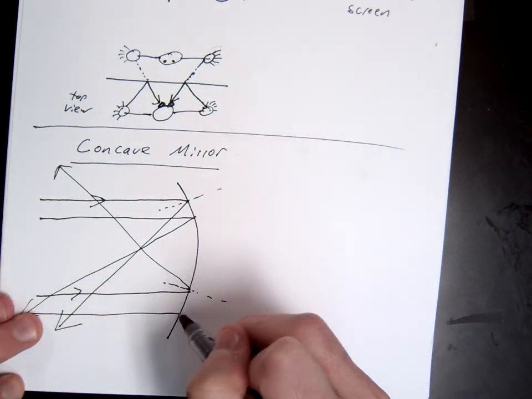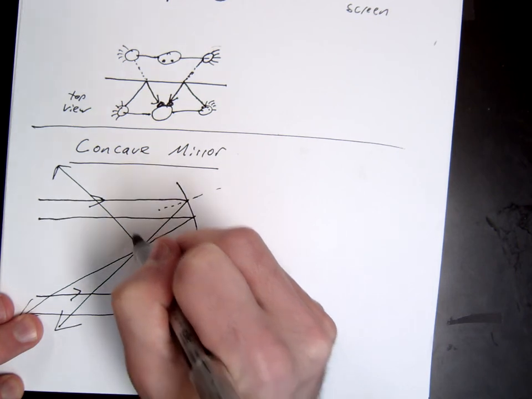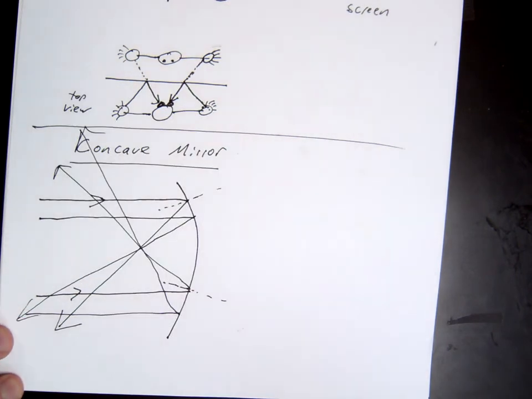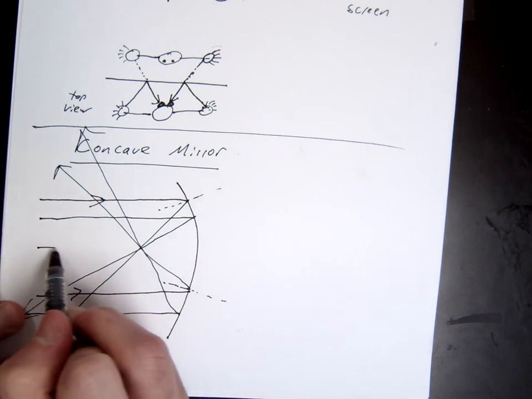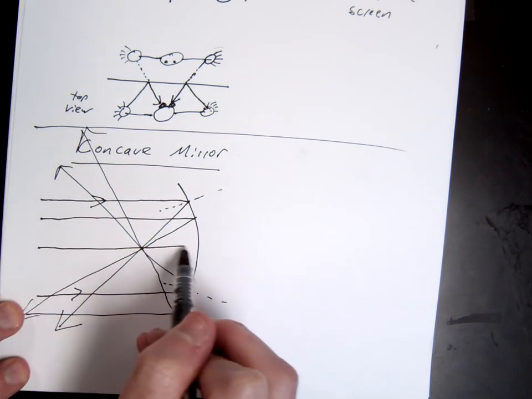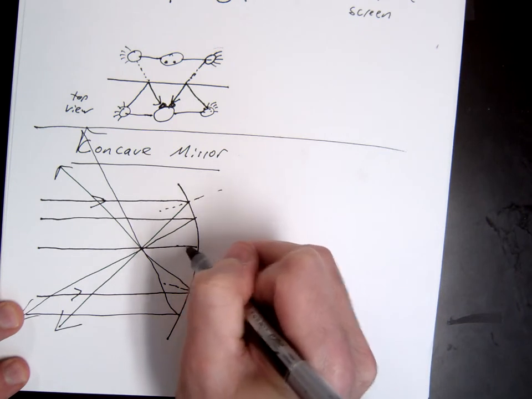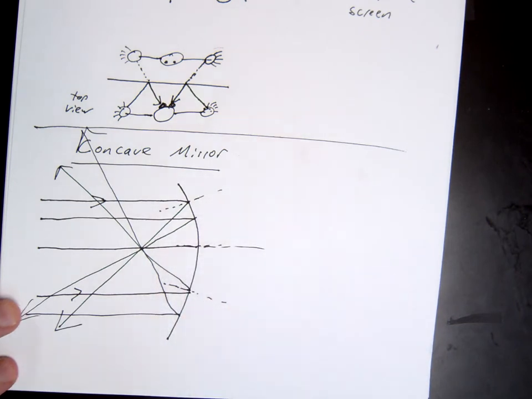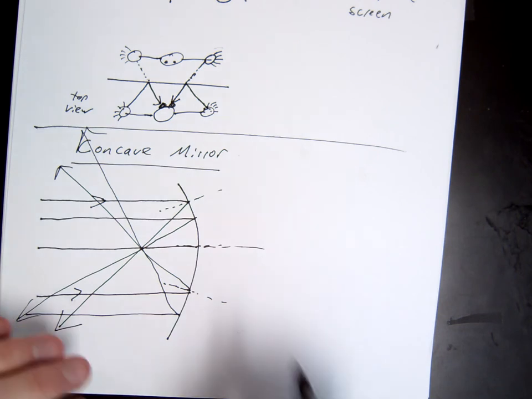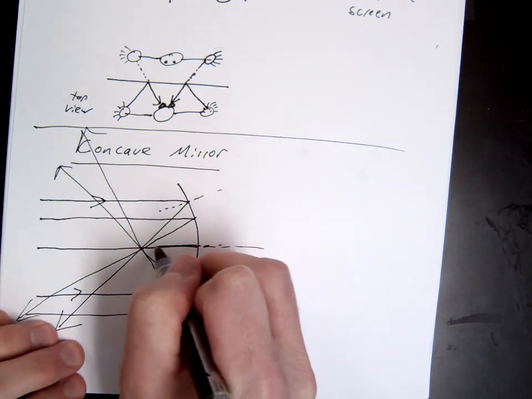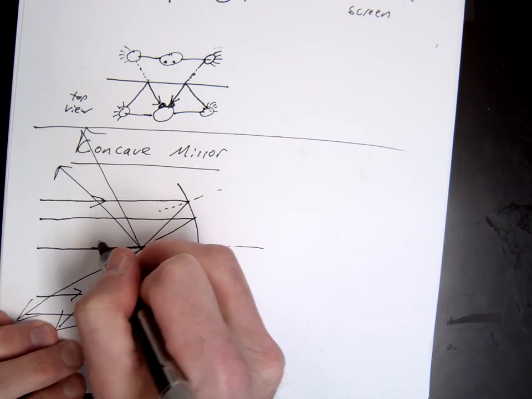This would reflect up. What if I were to draw one straight down the middle, so that it hits right on the normal? How should that one reflect? Just straight back. It wouldn't change its direction. Well, it would go backwards, but it wouldn't change its angle at all.